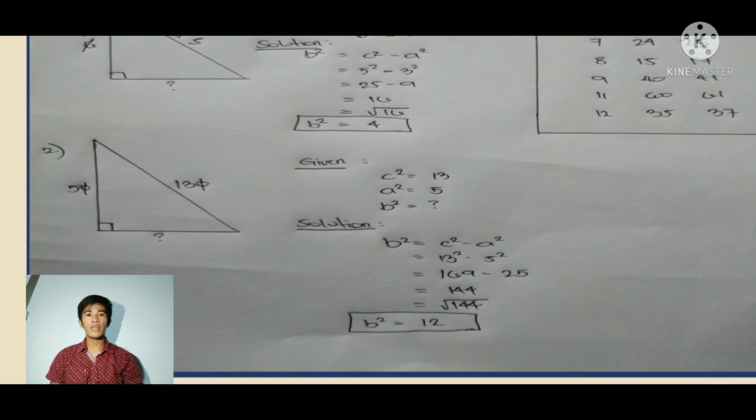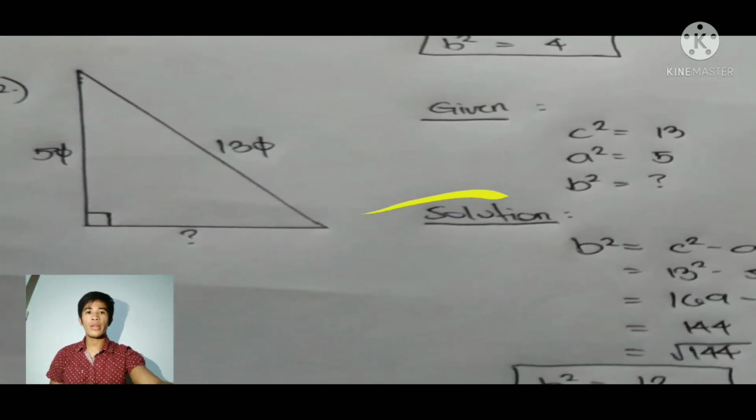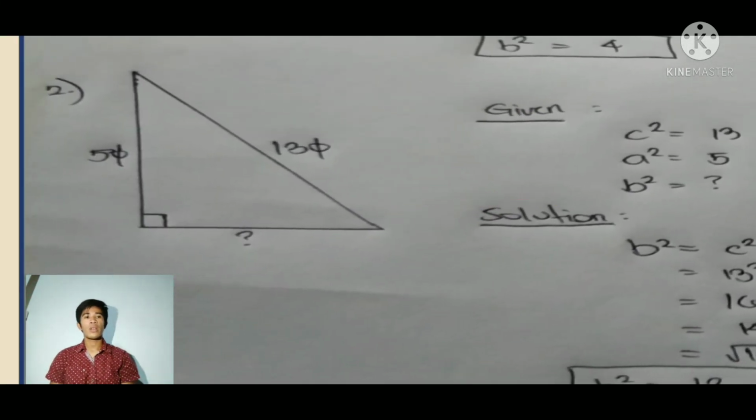So, 50, 130. So, as you can see, they are both end with 0, no? 50 and 130. So, easy lang. Cancel natin yung dalawang 0 sa 50 at 130. So, yung natira is 5 and 13.